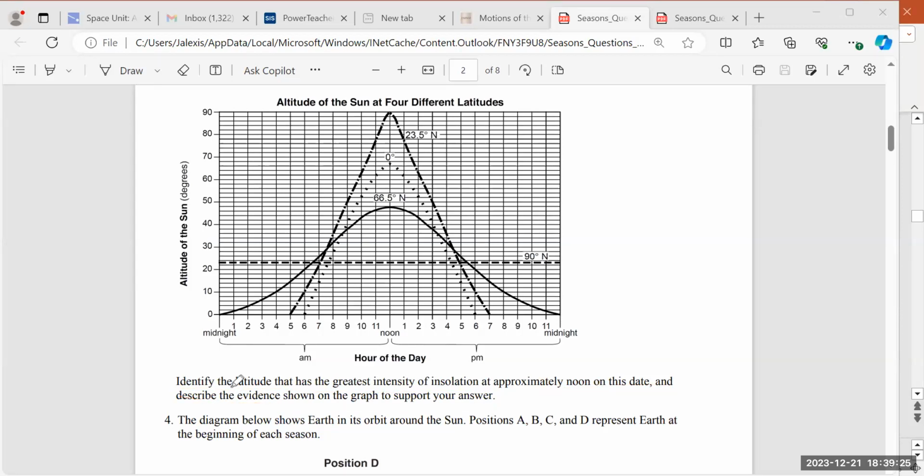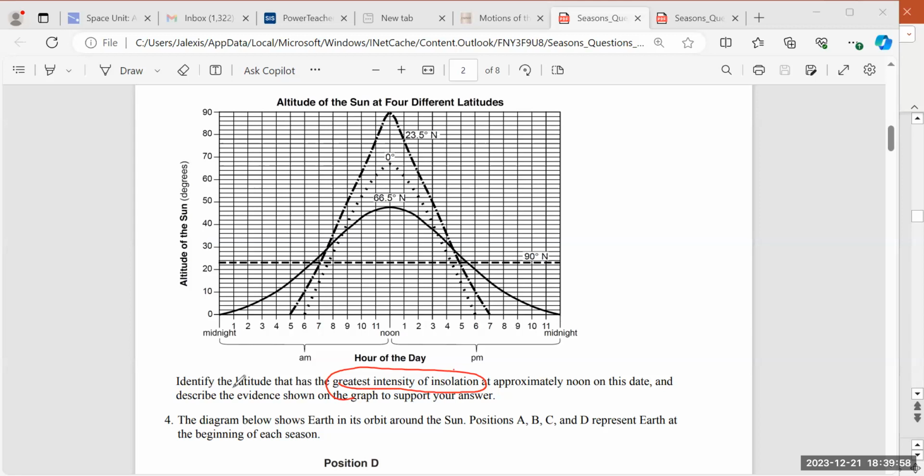So our answer needs to have a what, everybody? It says to identify the latitude. All right, so our answer is going to be a latitude that has the greatest intensity of insolation. So when you see this phrase, greatest intensity of insolation, what do you think it means? Well, intensity is focusing on how strong something is. Insolation deals with sunlight.